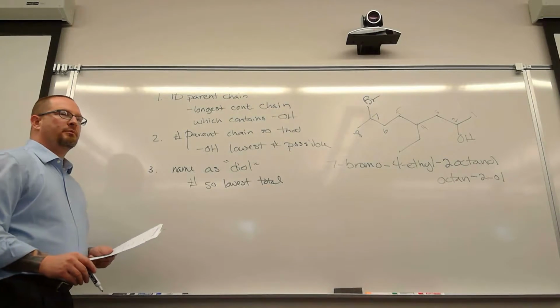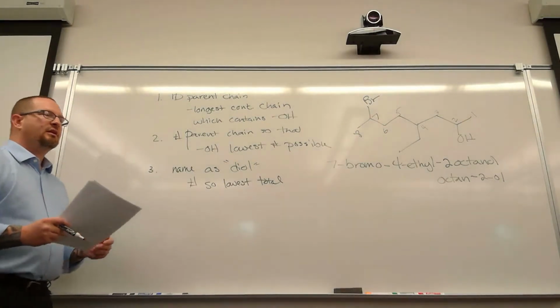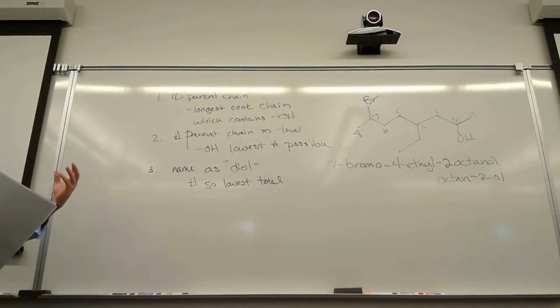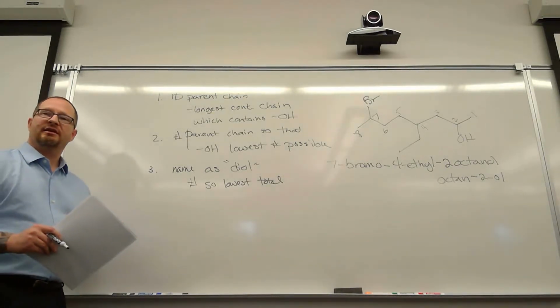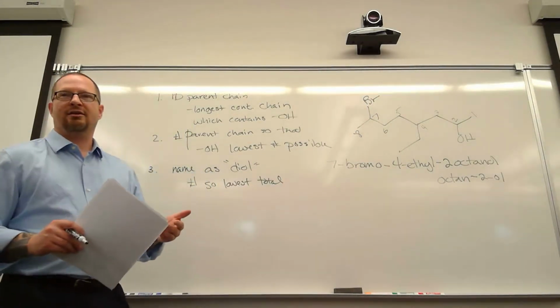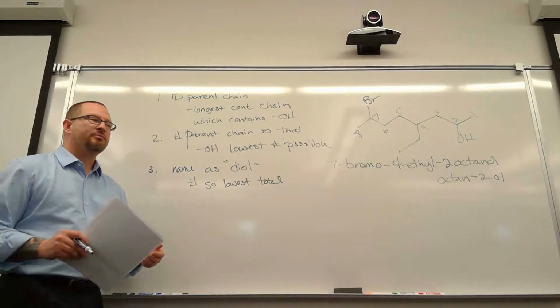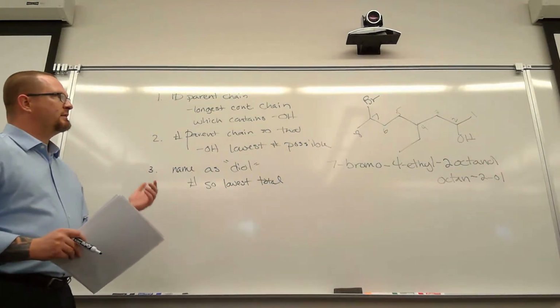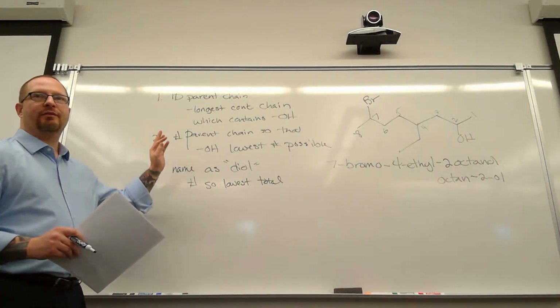Okay, so that's the turbo version, but you can see that this is really, really similar in terms of the way we approach the nomenclature to what we were doing in the last class. It's just that we're not naming them as alkanes, we're naming them as alcohols. Other than that, there's only some tiny variations on the theme.